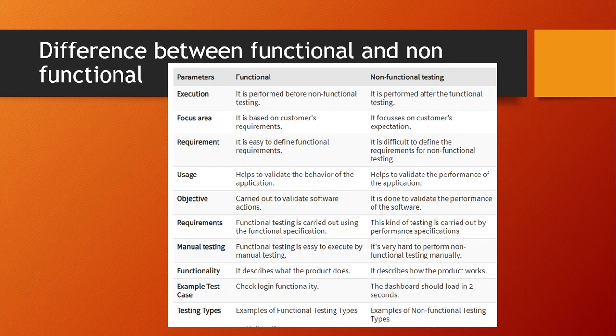Non-functional testing is performed after the functional testing. However, these two are mixed up. I don't know what type of programmer or software tester starts with non-functional and then goes to functional. It does not make any sense. So first start with functional and then you test the non-functional and so on.